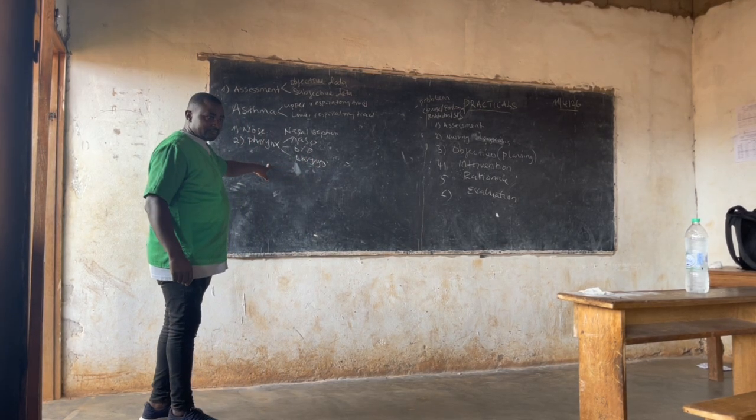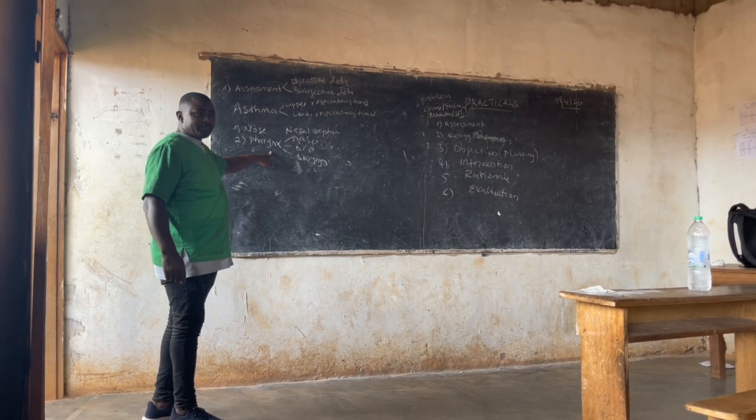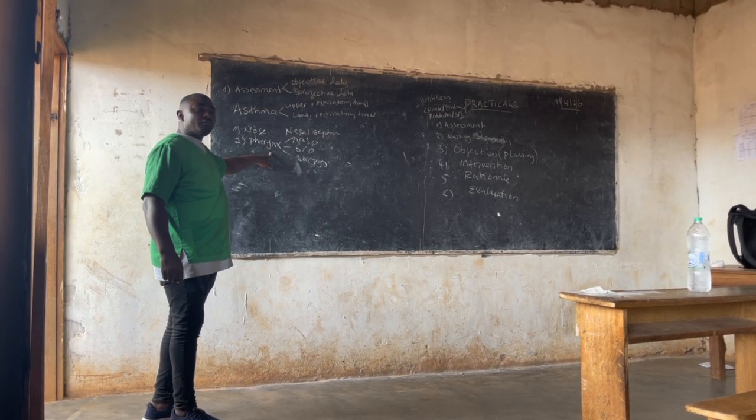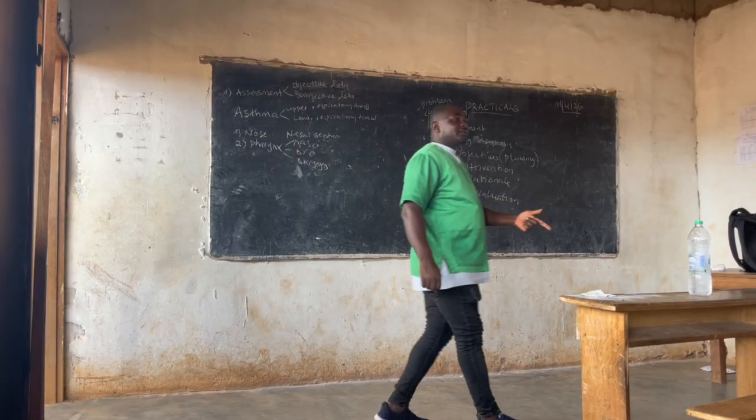laryngopharynx. So this one I'm also preparing people for the basic sciences, because the basic sciences is made up of how many components? What are you supposed to read concerning basic sciences?